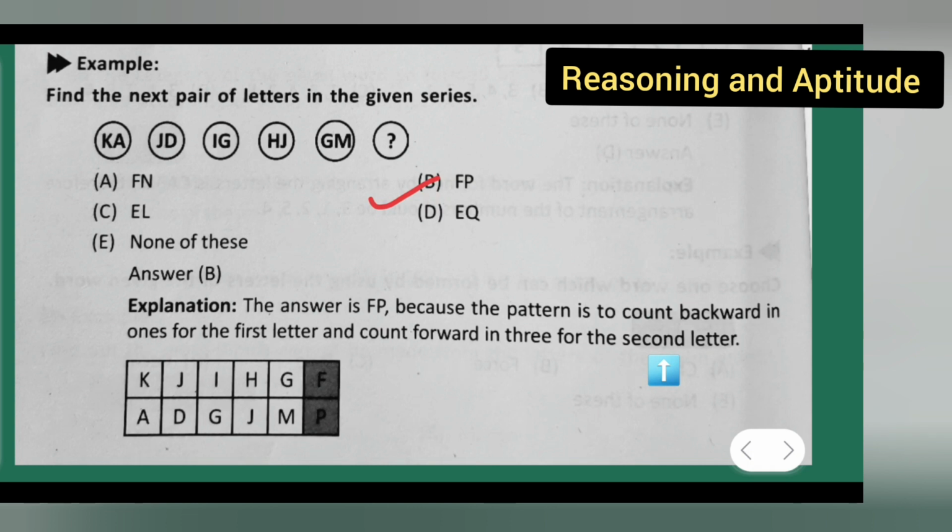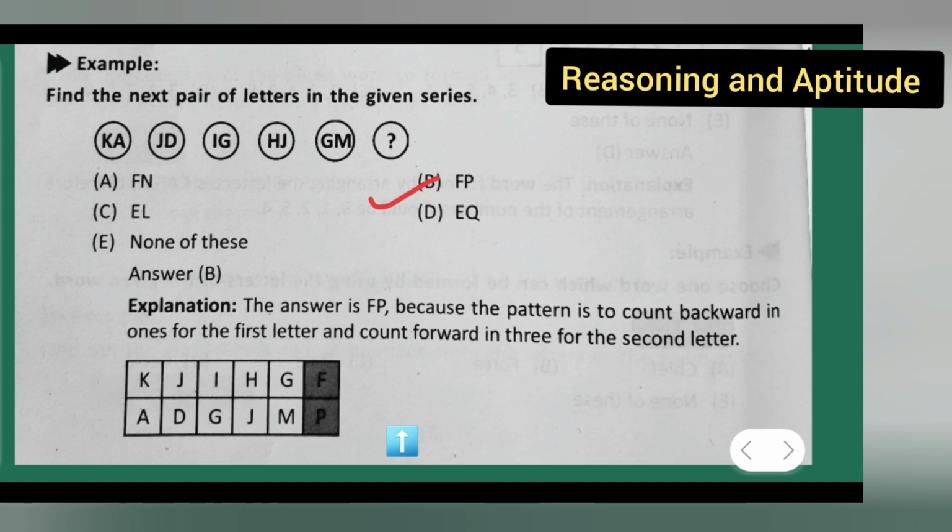For example, K, J, I, H, G is given, and then after G comes F. Then for the second letters, A, D, G, J, M, P is given, right? After M, what will come? P will come.